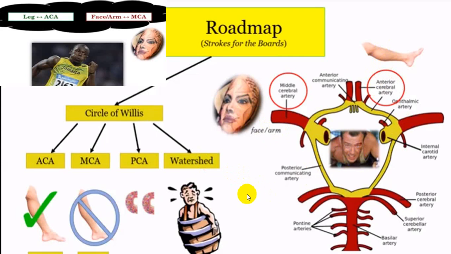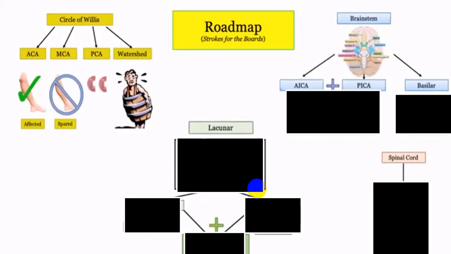And in a posterior cerebral artery, you will have homonymous hemianopia with macular sparing. So leg more involved, anterior cerebral artery; face and arm involved, middle cerebral artery. Always look for this very important differentiation. So these are the four very important differentiations.